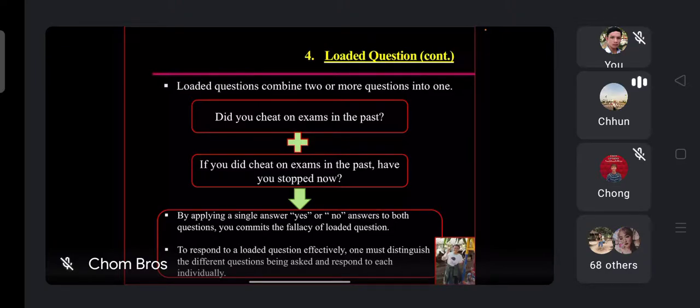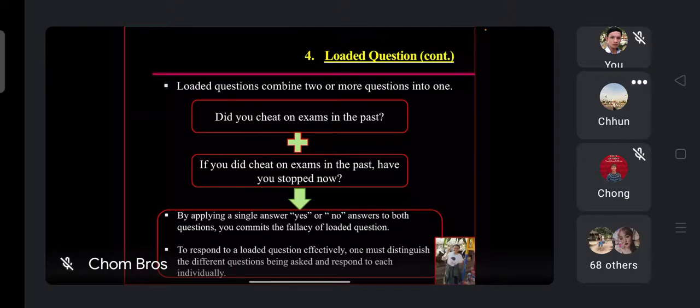By applying a single yes or no answer to both questions, you commit the fallacy of the loaded question. Thus, to respond to a loaded question effectively, you must distinguish the different questions being asked and respond to each individually.